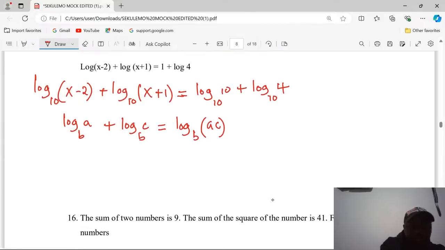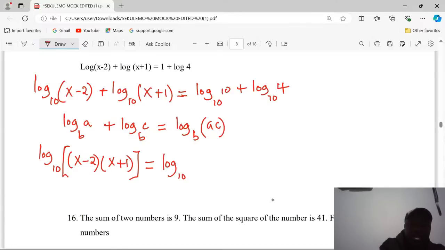That means we need to say the log to base 10 of, now we multiply x minus 2 and x plus 1. We also on the other side say the log to base 10, then we multiply 10 by 4.